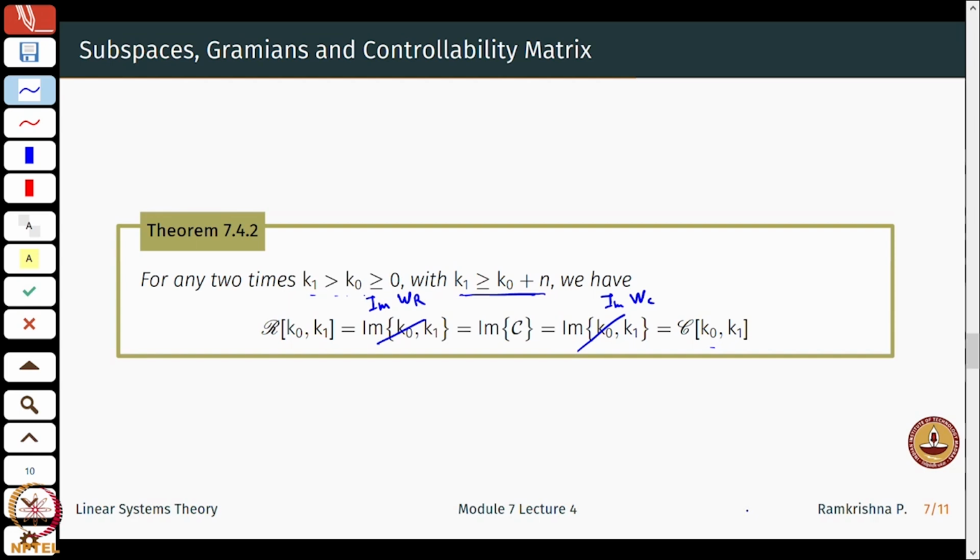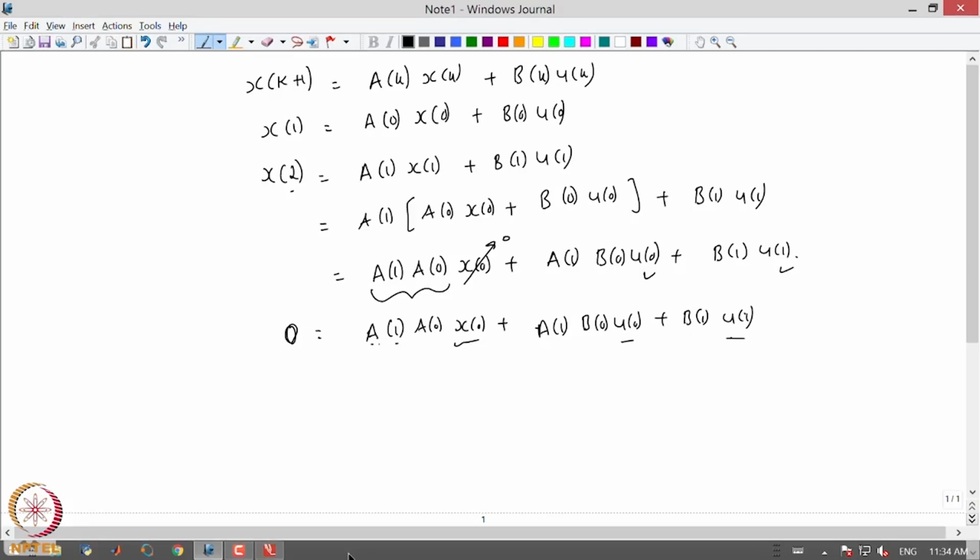Okay, so I will do a part of this proof, and the one which is obvious I will just leave as an exercise. And then we also look at why this particular thing here is important.